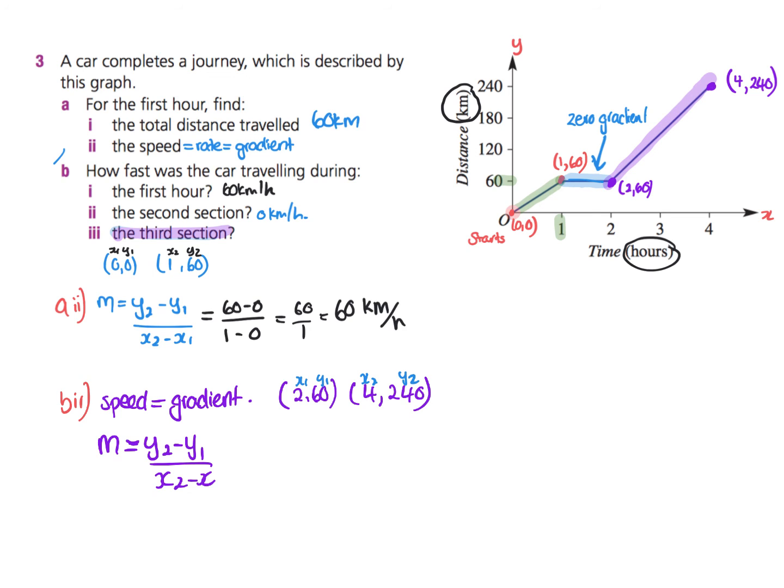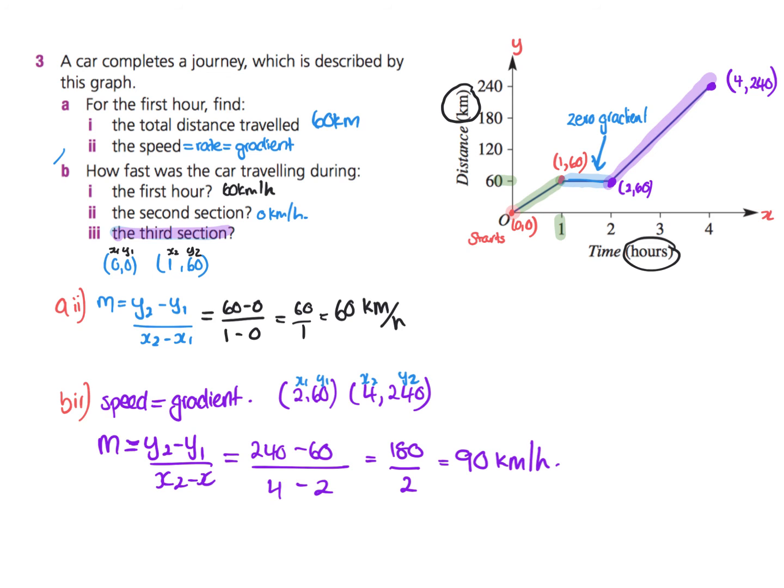So I've got 240 minus 60 over 4 minus 2. 240 minus 60 is 180, and 4 minus 2 is 2. What's 180 divided by 2? 90. So in that section the car is going 90 kilometres per hour.